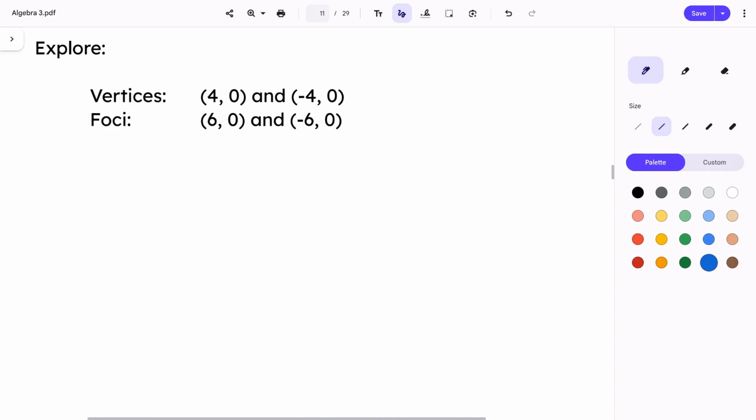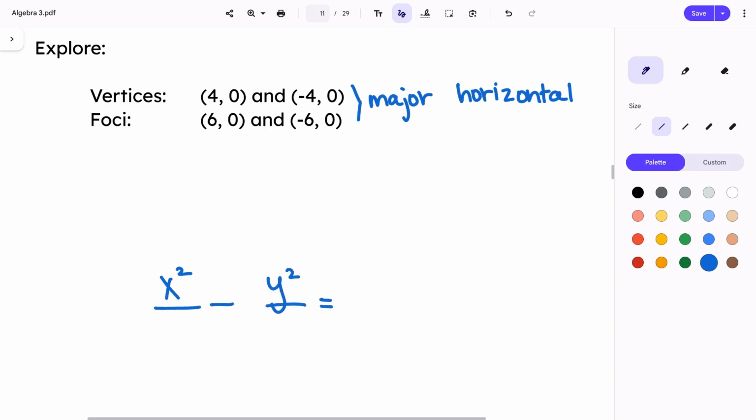So is this major vertical or major horizontal? Good, horizontal this time, because those numbers are written in the x spot. That means down here for my equation, x squared needs to go first minus the y squared equals 1. So we can already get that set up just by looking at how those coordinates are written. What is my a term?